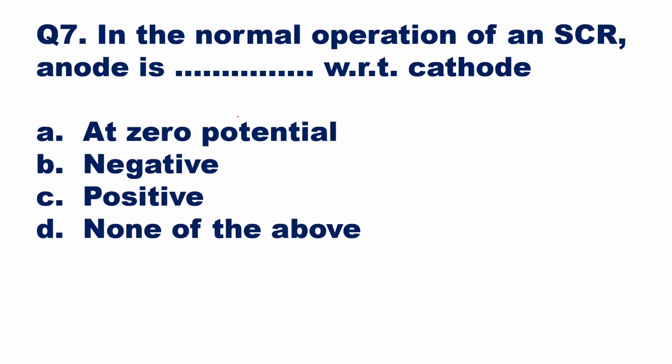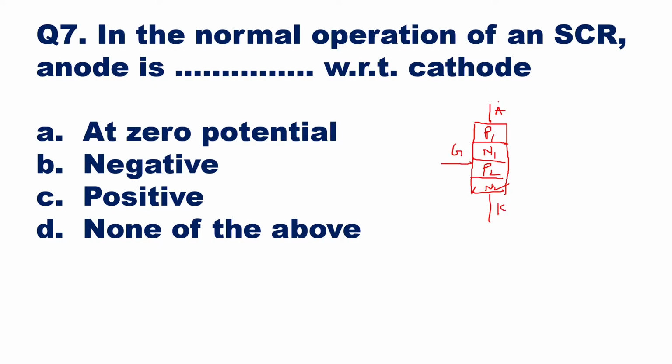In the normal operation of an SCR, the anode is dash with respect to the cathode. Whenever you want to make the SCR conduct, if you see the SCR layer diagram, we have P1, N1, P2, N2, and then you have your anode terminal here, cathode terminal here, and gate terminal here.